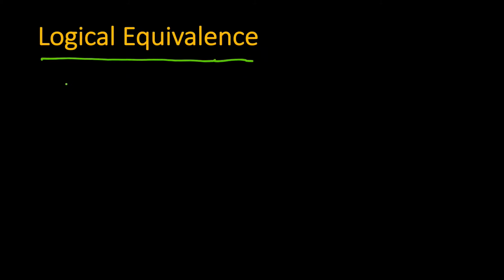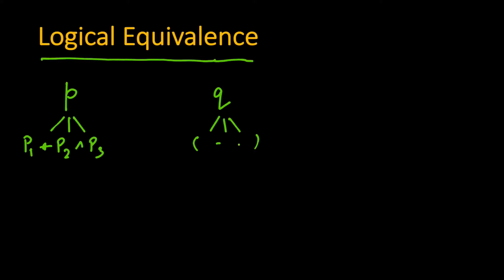And if we have two logical formulas, P and Q, these in turn may be formed by multiple simple propositions like P1, P2, P3, combined using logical connectors like or, and, implies and so on. Similarly, Q can also be a composition of multiple simple propositions.